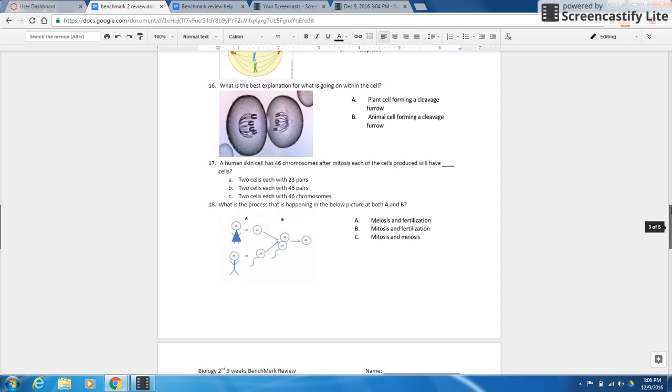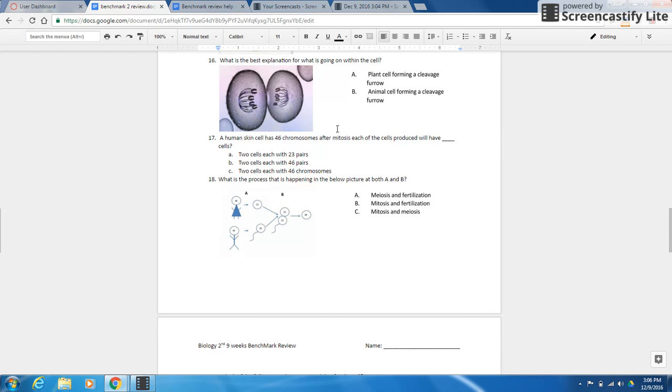Number 16, what's the best explanation for what's going on in the cell? You've got two choices: it's a plant cell forming a cleavage furrow, or an animal cell forming a cleavage furrow. A lot of people ask, how do I know the difference? It's very easy, because a plant cell needs to be square. In order for a tree or a flower to stand up to wind and pressure, its cells have to be square so they can stack firmly on top of one another.